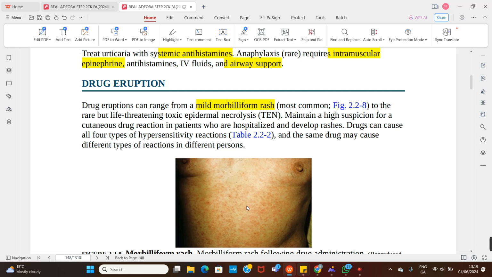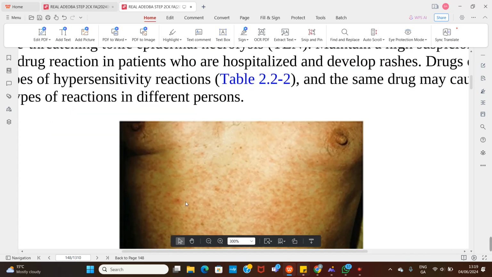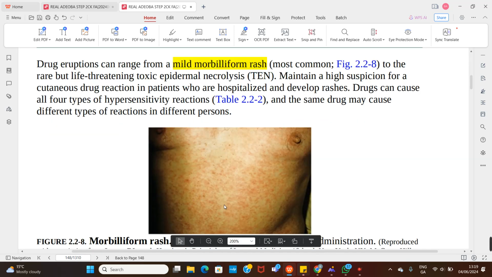Most of the time they have a morbilliform rash presentation. When you say morbilliform, what you are saying is a rash that resembles measles presentation, a measles-like distribution. So you are talking about somebody that has a fine maculopapular rash, just like this individual here, though this image is not very clear, that has a centrifugal distribution.